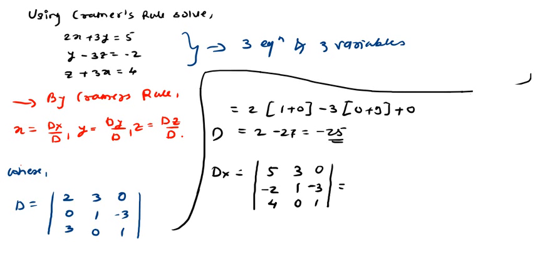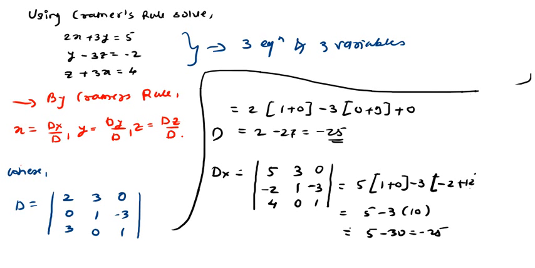So solving this determinant, this will be 5 into 1 plus 0 minus 3 into minus 2 plus 12, which is 10. So this will be 5 minus 30, which is again minus 25. So we got the value for Dx, which is minus 25.